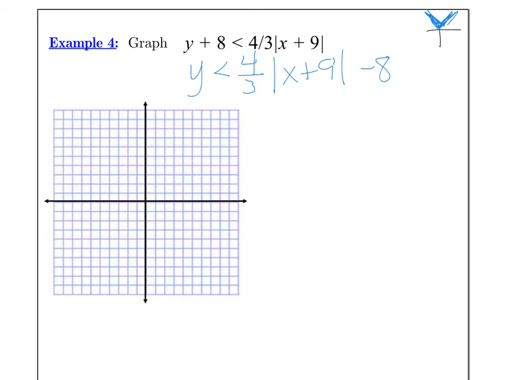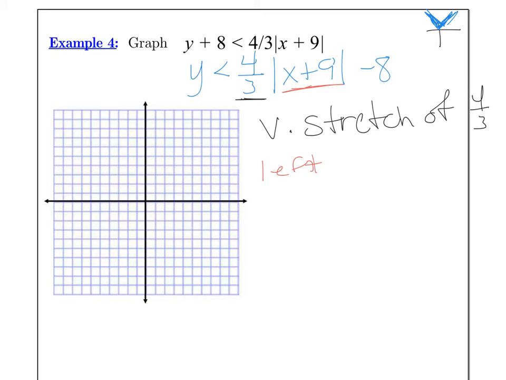Okay, so a few things going on here. I have a vertical stretch of 4/3. So that is going to mean on an absolute value graph that my slope is 4/3 and negative 4/3. And then my x plus 9 in absolute value bars, that's going to be a left shift of 9.